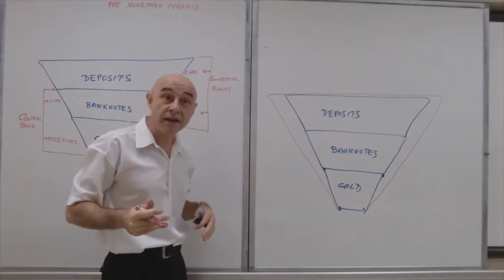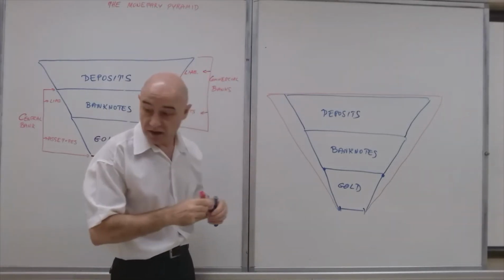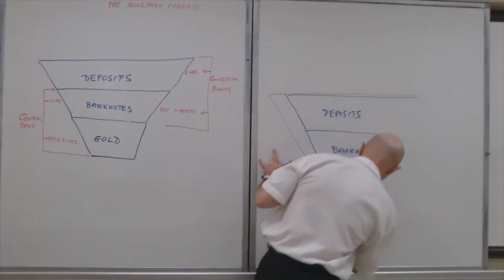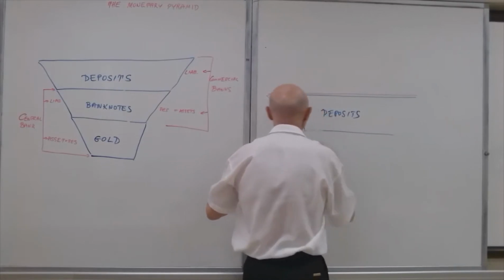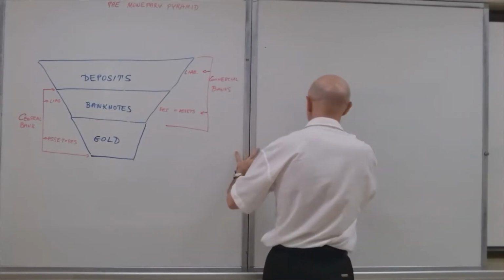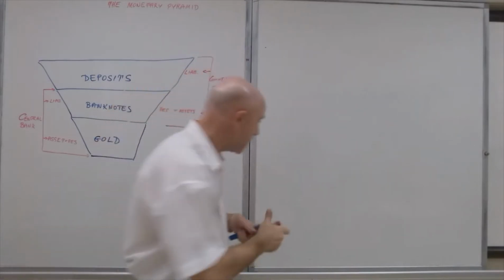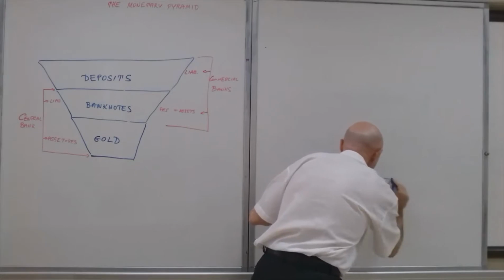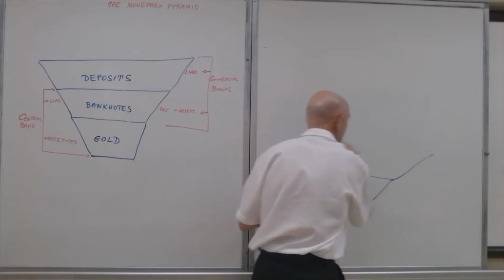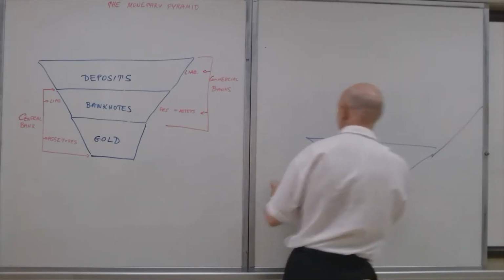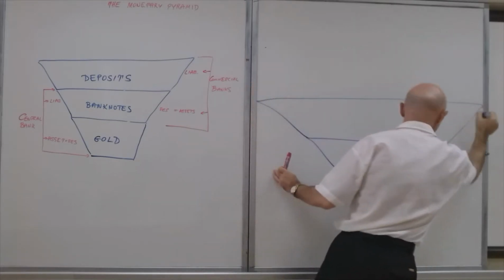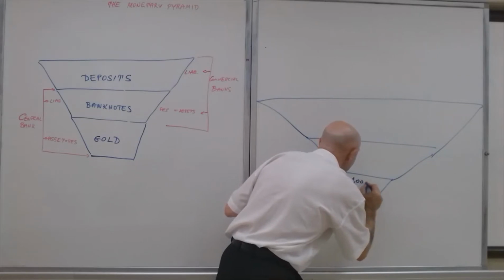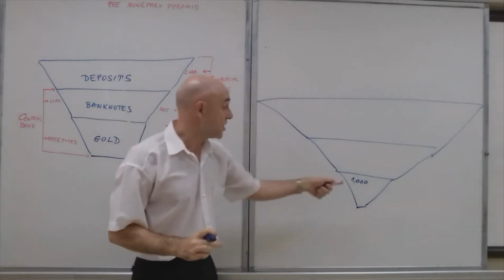Okay. And let's say the reserve system is like 10 to 1. If the reserve is 10 to 1, the monetary system can actually look like this. And then like this. We're going to have only, let's say, 1,000 units of gold.